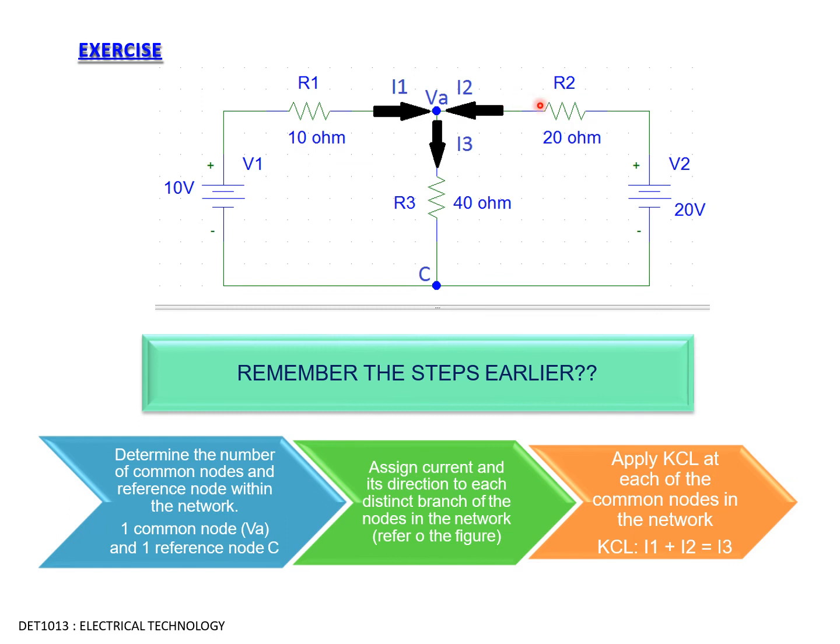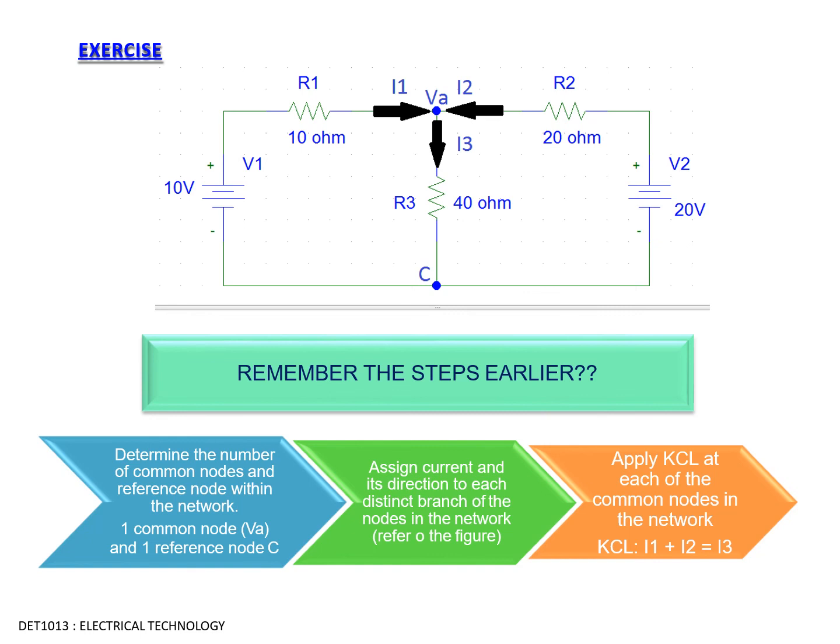Similarly for the second path, the potential here is 20, so the voltage is 20 minus VA, and the resistance is 20. So 20 minus VA by 20 is the I2 value. I3 is the current flowing through the third resistor, whose voltage we don't know, so it is considered as VA. So VA by 40 is equal to I3.